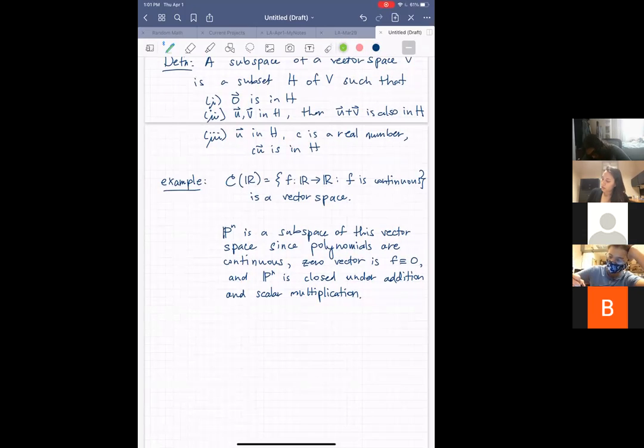Okay, and just to be clear, this means that Pn is a subset of the continuous functions on R. Okay.